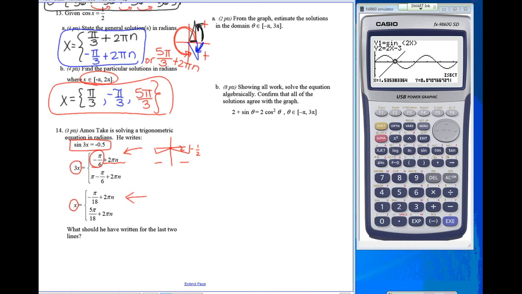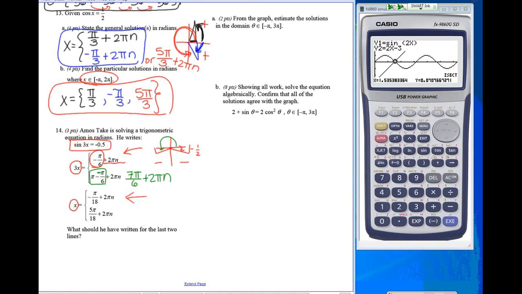Now I've got to get this second angle. Well, how big is this angle? If I go in the forward direction like that, it would be pi minus negative pi over 6, which you could write instead as 7 pi over 6 plus 2 pi n. So that was his first mistake, because pi minus pi over 6 would have been 5 pi over 6, which is up on the top, so that wouldn't work.